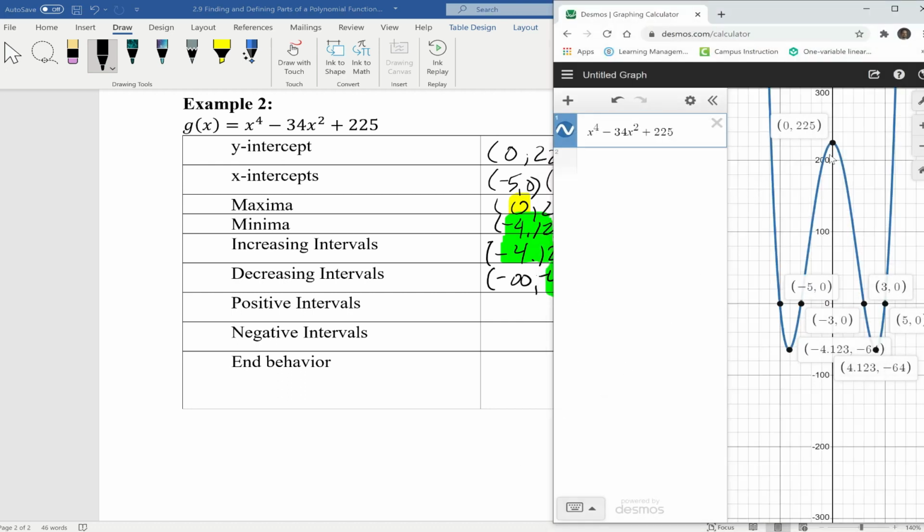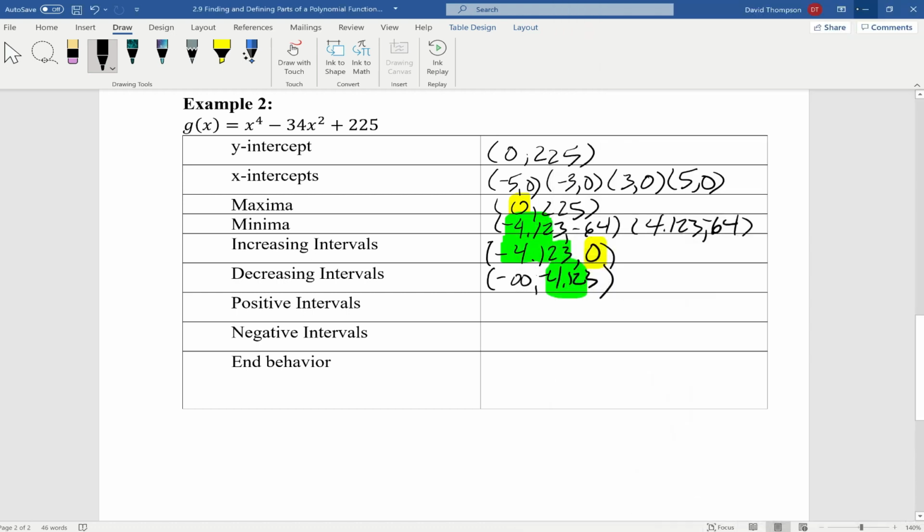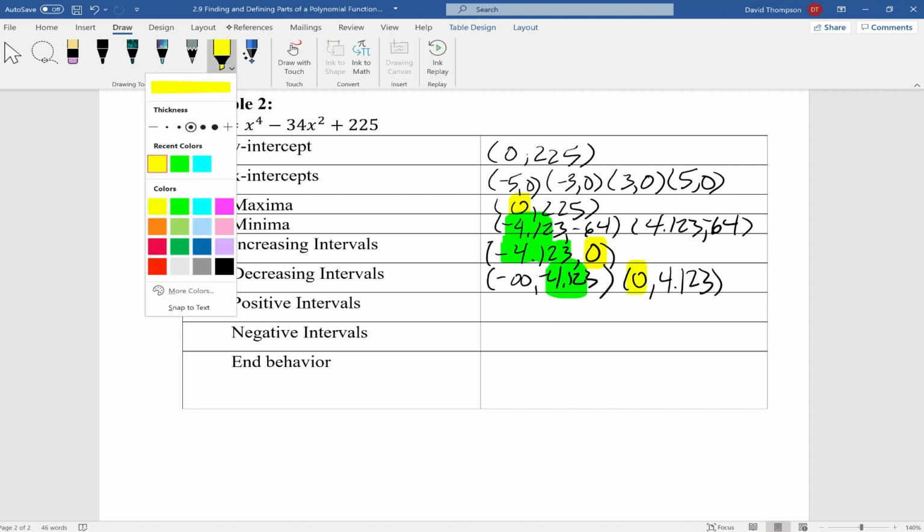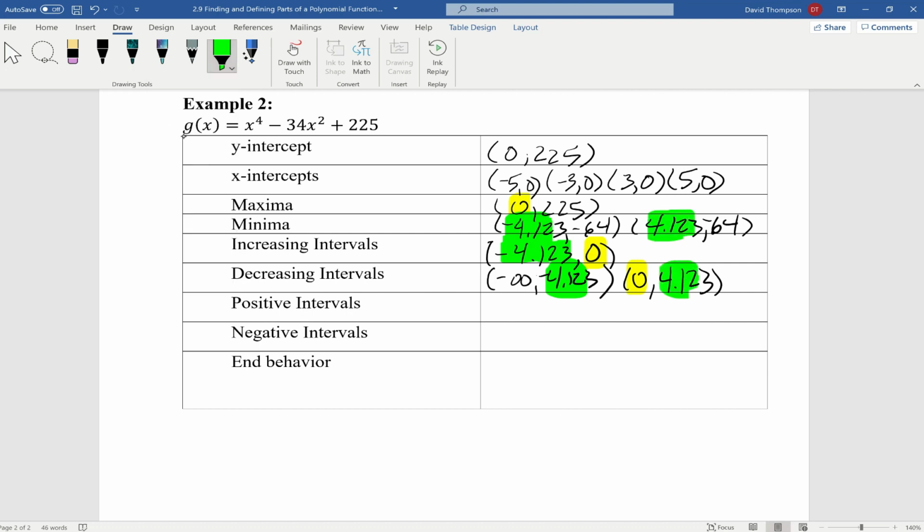Then going from left to right, we go from increasing to decreasing, so from 0 to positive 4.123. This is our max, and this is one of our minimum values. So we're just using the x-coordinates.